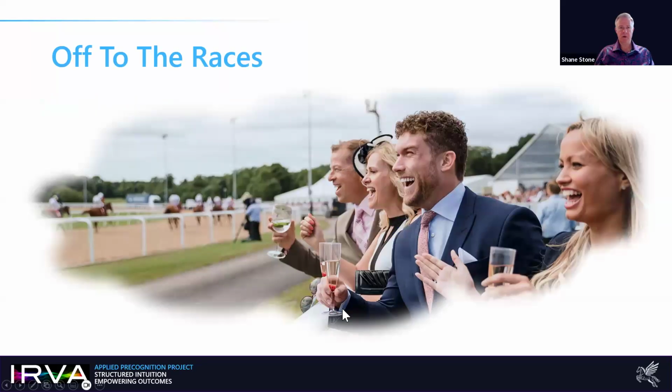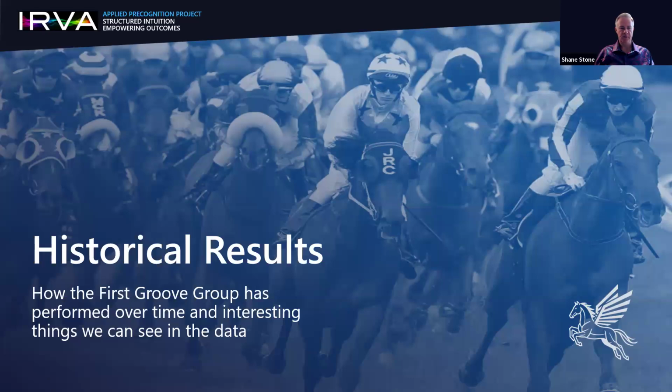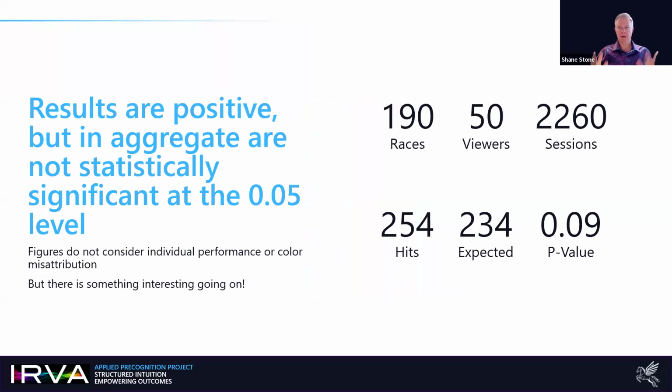Now we move on to some of those historical results. We've done 190 races so far. There's been a couple of cancelled races due to weather conditions, and one where we got all the timing wrong, so I think 187 races where we actually provided feedback.